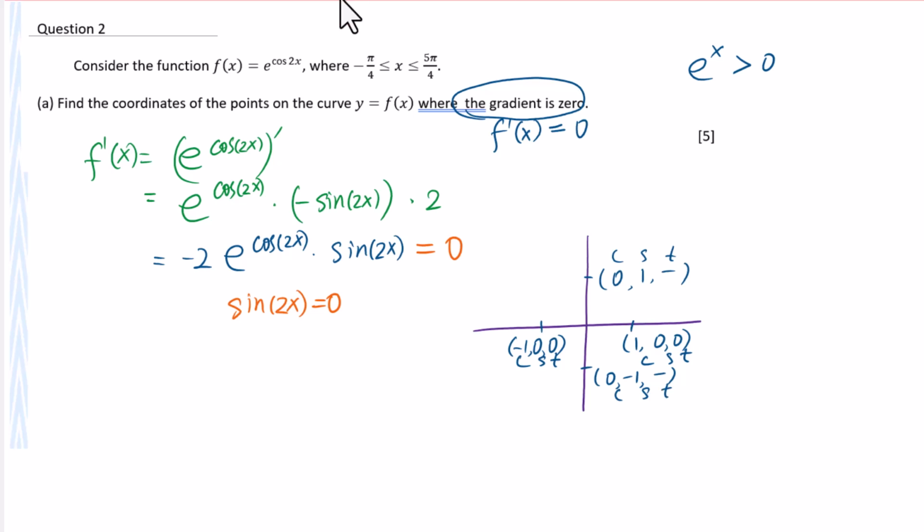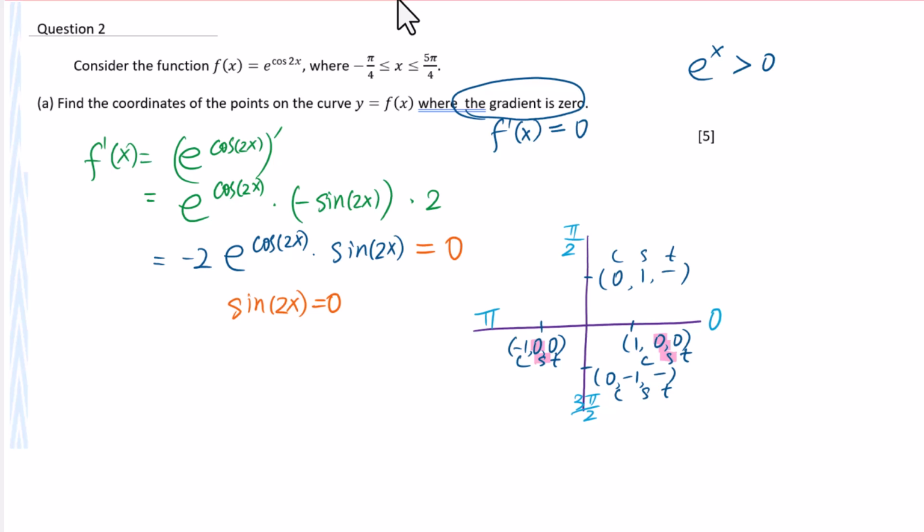So this sine is 0. Sine is 0. This is 0. Here is pi. This is pi over 2, 3 pi over 2.